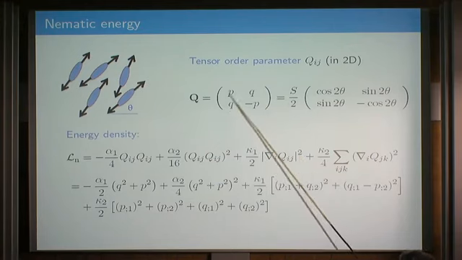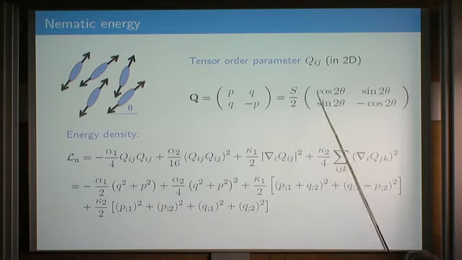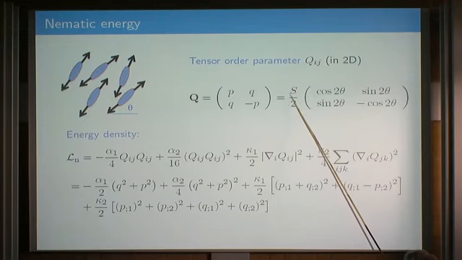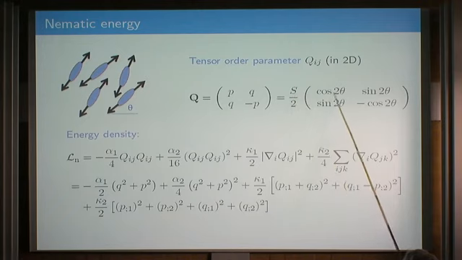And this is a 2-dimensional tensor. It can be written in this form with 2 variables: this is the scalar order parameter, and theta is the orientation angle.